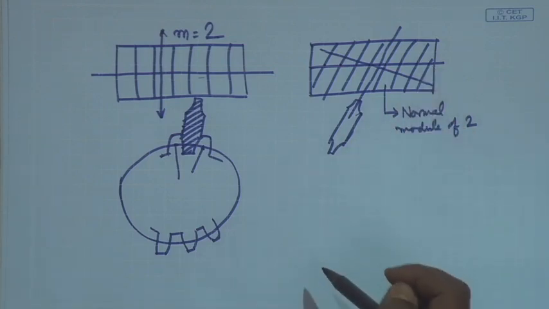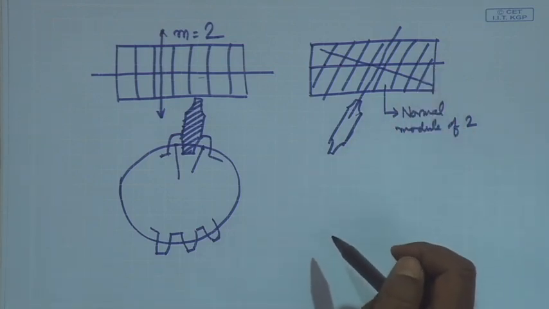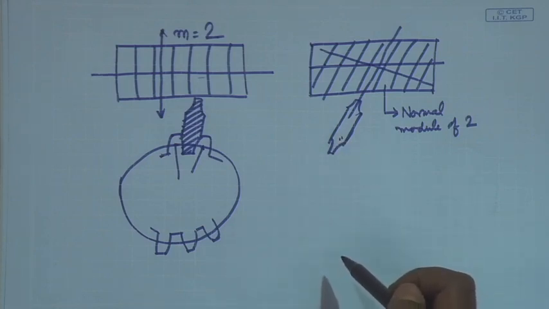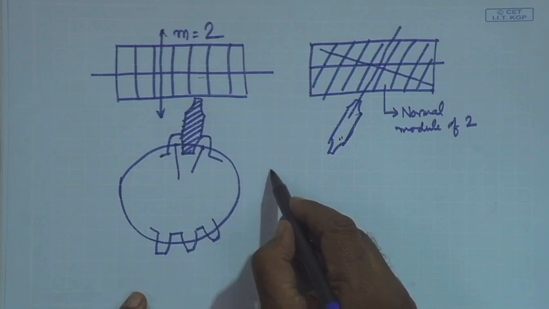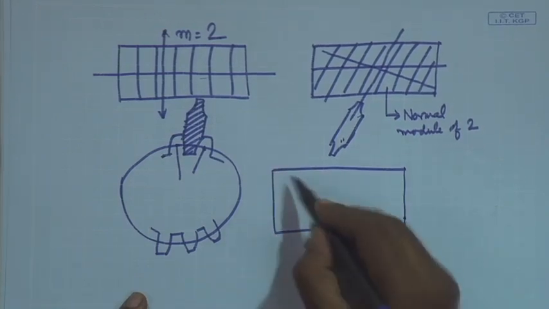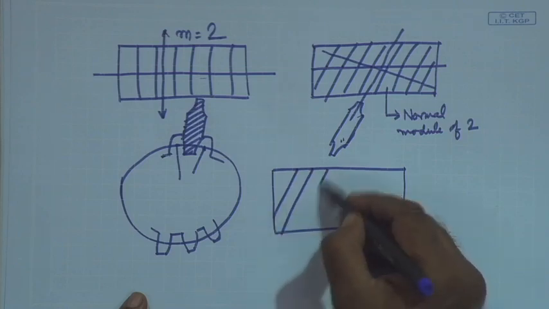Having understood this thing, now comes the question, how do we choose the number of the cutter? For this, if you look at the helical gear, these are the teeth.